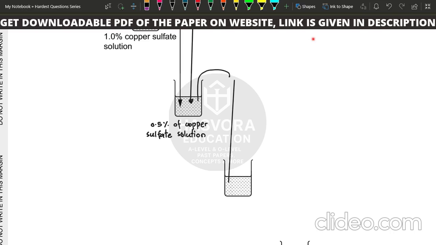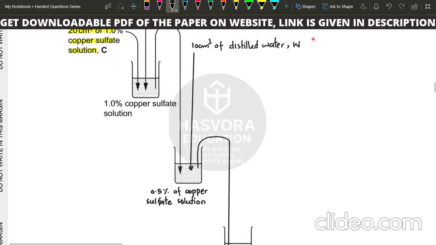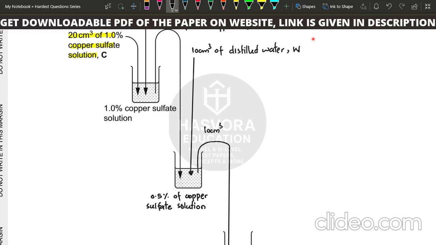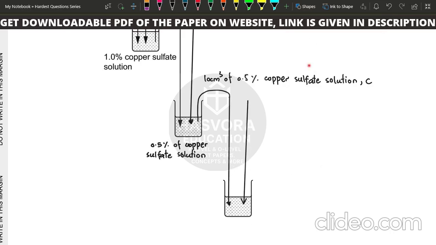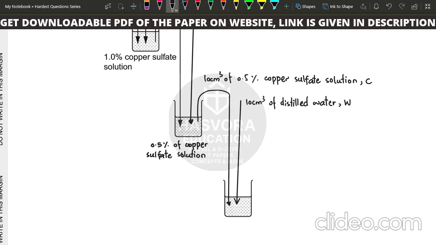So it will be like this, and this will be 10 cm cube of 0.5% copper sulfate solution C. And I will be adding 10 cm cube of distilled water, which is W, and what will I obtain?